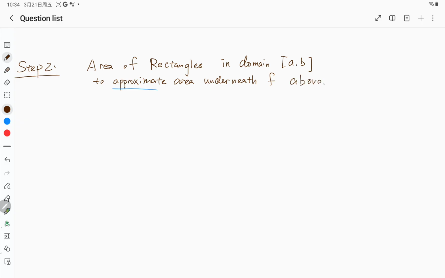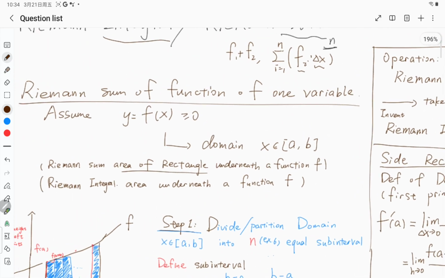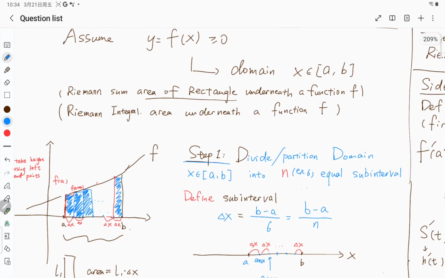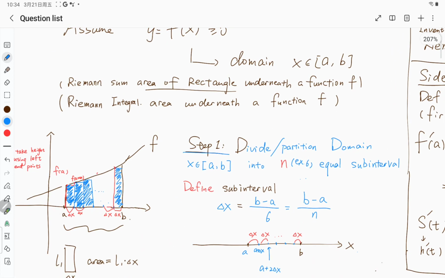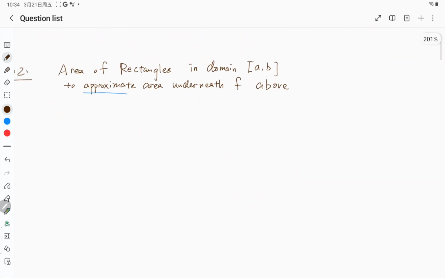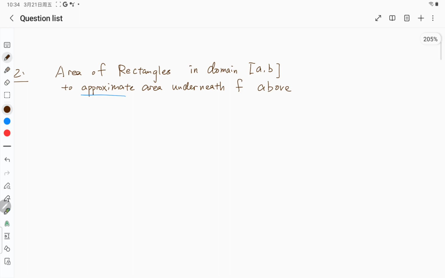At the beginning of studying the Riemann integral, we assume that we only care about curves above 0. Of course, we can also integrate functions beneath 0, but it's just a matter of a little bit of modification.